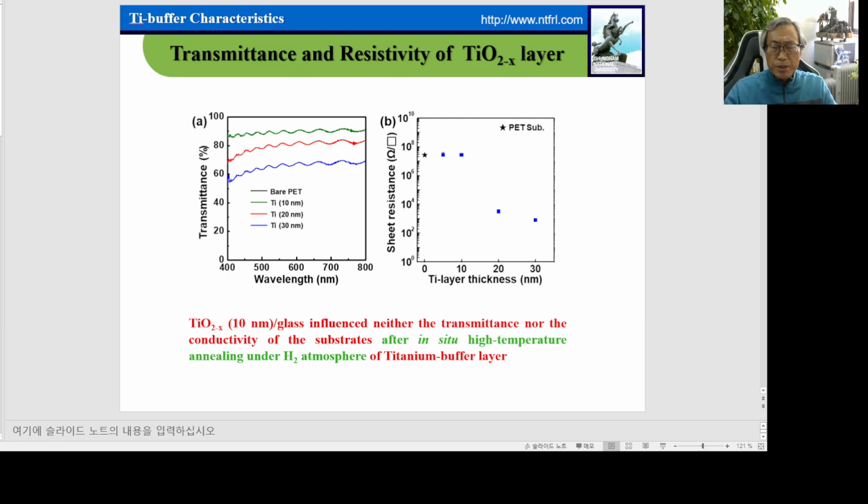Below 10 nanometer thickness of titanium, the transmittance is similar to the substrate. But with increasing titanium buffer layer thickness, 20 nanometer, 30 nanometer, the transmittance decreases and the sheet resistance is also decreased. From that, in our case, we use a 10 nanometer thickness of the titanium buffer layer, so we don't need a graphene transfer to the functional substrate.